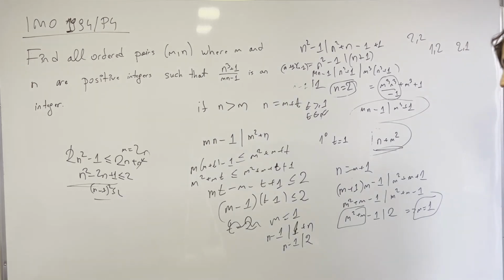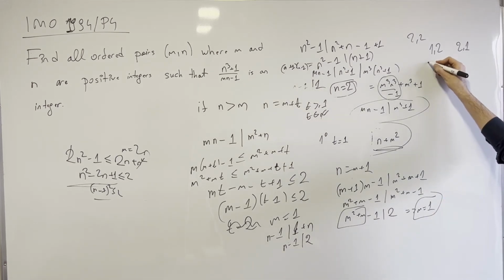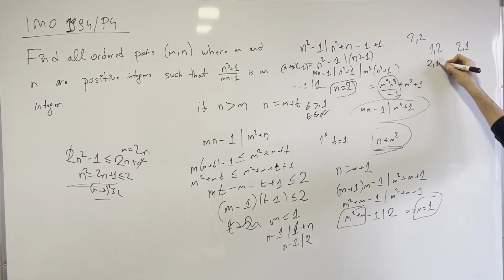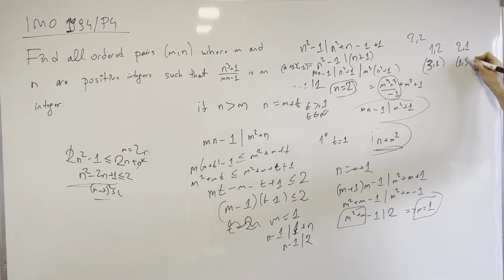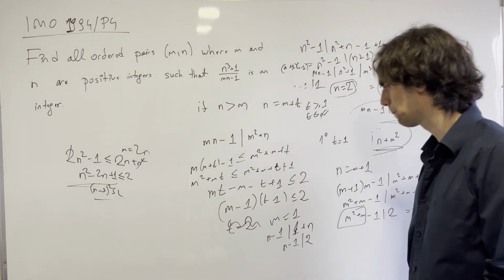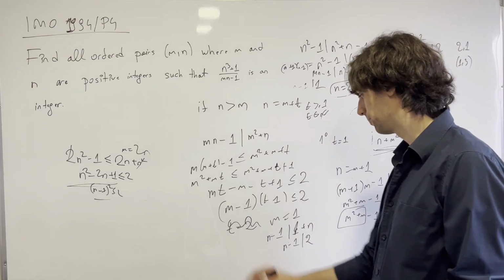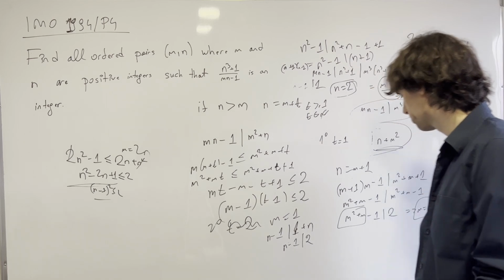And so now n minus 1 is either 1 or 2, which gives us n is either 2 or 3. So we get 2, 1, the thing we had before, which we already have. So we get 3, 1, and 1, 3 as solutions. Now this is the second case where m is 1.